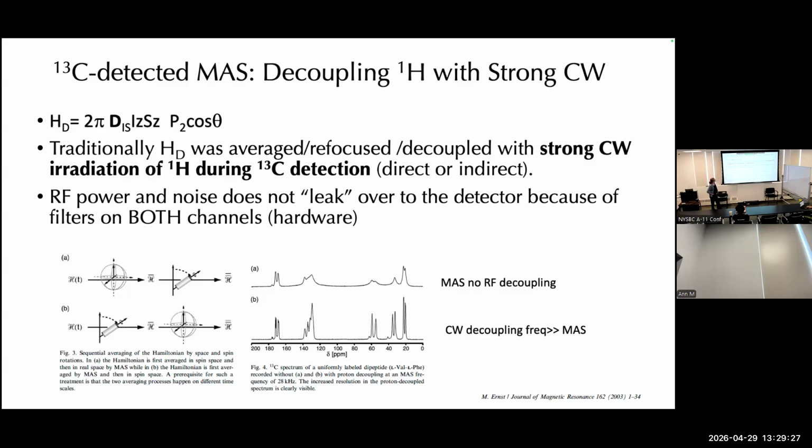So when we do that, what happens? Here's magic angle spinning for just a little dipeptide, and the spinning is 28 kilohertz, so that's kind of mid-range for modern equipment. And then this is if you turn on CW decoupling, which doesn't say here, but I think was about 100 kilohertz.